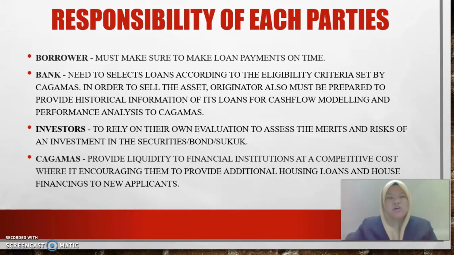Investors need to rely on their own evaluation to assess the merits and risks of an investment in the securities, bond or sukuk. And last, Cagamas itself needs to provide liquidity to financial institutions at a competitive cost, encouraging them to provide additional housing loans and house financing to new applicants.